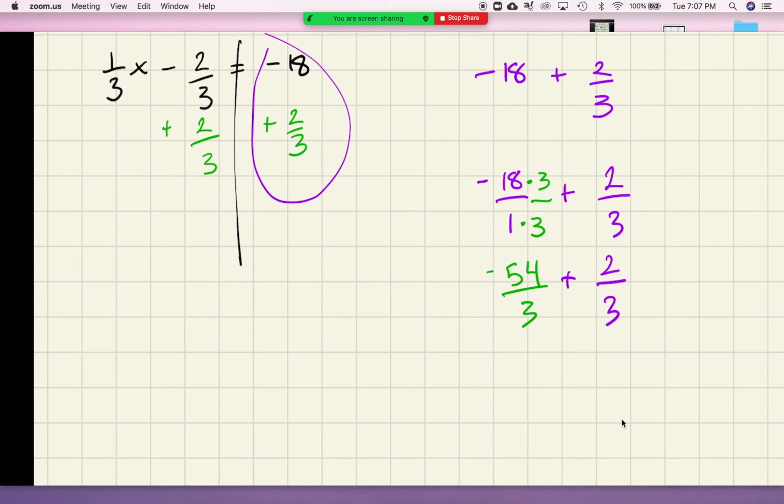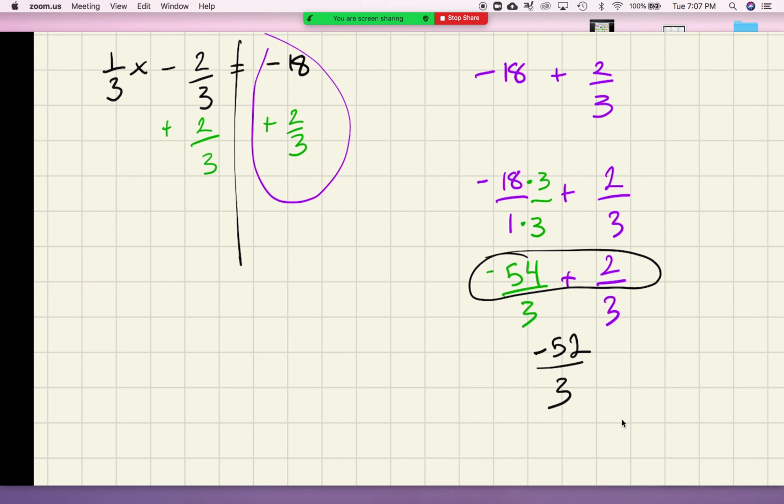So after you get the same thing on the bottom, you can just write the bottom once, and then only pay attention to the top numbers. Negative 54 plus 2, that's like 54 negatives and 2 positives. The 2 positives cancel out with 2 of the negatives in the 54, so you get negative 52 over 3.